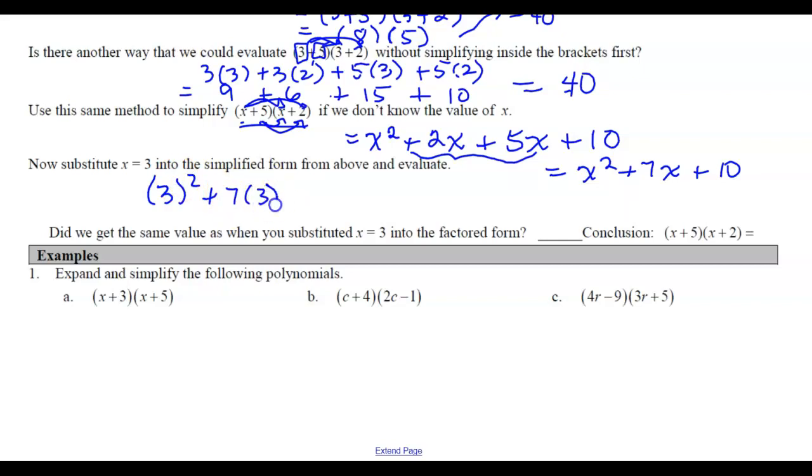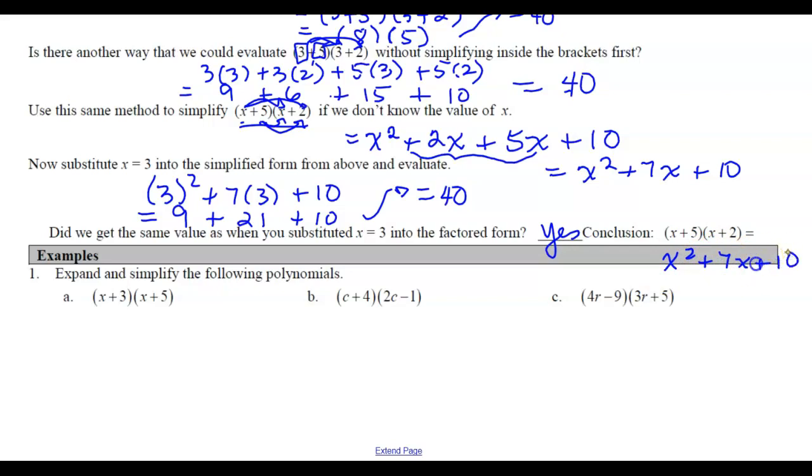So order of operations, 9 plus 21 is 30 plus 10 is 40. Okay, so our conclusion is that x plus 5 times x plus 2 is x squared plus 7x plus 10.